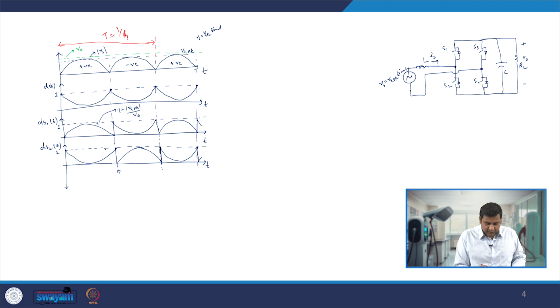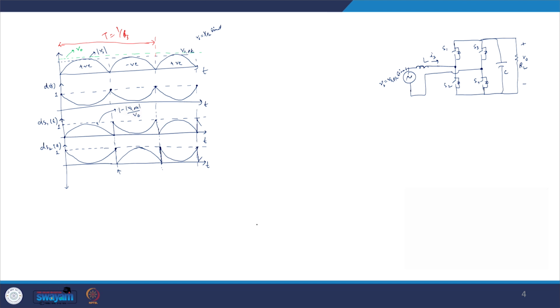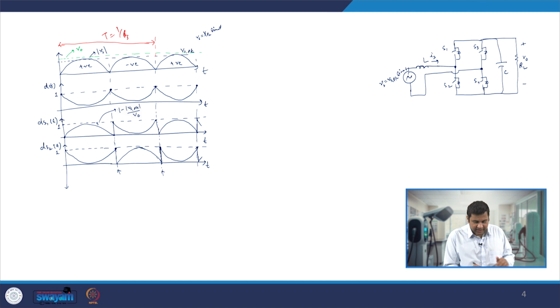When it is going from the positive half cycle to the negative half cycle, that means the grid voltage is going from the positive side to the negative side, we see that the duty ratio of S1 changes from 0 to 1, while the duty ratio of S2 changes from 1 to 0. Similarly, when the voltage is going from the negative side to the positive side, the duty ratio of S1 changes from 1 to 0 and S2 changes from 0 to 1 abruptly.